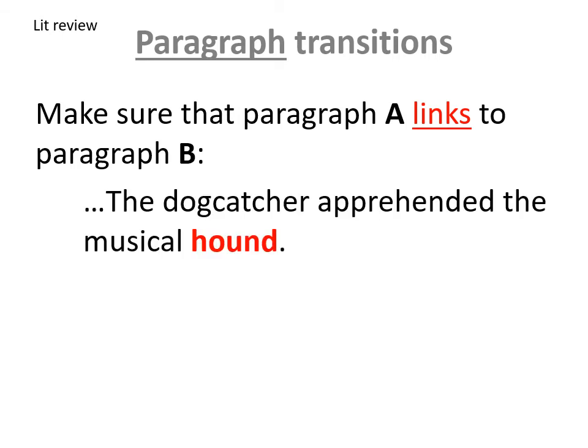We have the dog catcher apprehended the musical hound. That is how the last paragraph ended. We might think of that last paragraph as dealing with the effects of a musical hound.